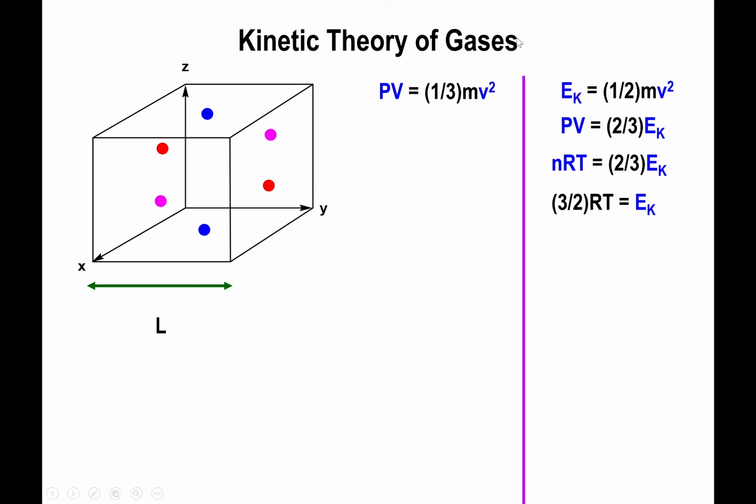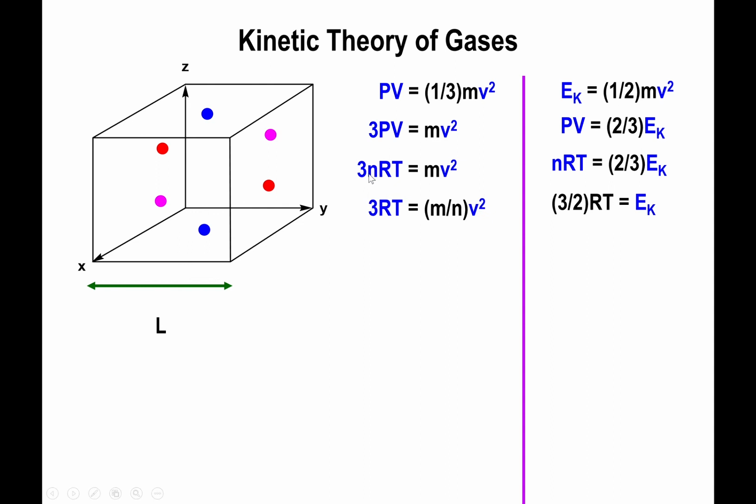Now going back to PV equaling 1/3 m speed squared, if you multiply both sides by 3, you get 3PV equals mv squared. And now the idea is that PV is nRT, so I'm going to make that substitution over there.